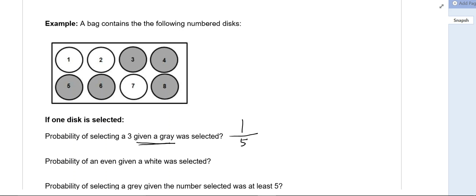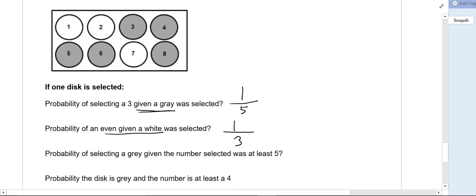The probability of an even given a white was selected. So now we know a white disc was selected. Our sample space consists of 3 discs. We want an even number. Of the 3 white discs, there's only one even number, so 1/3.